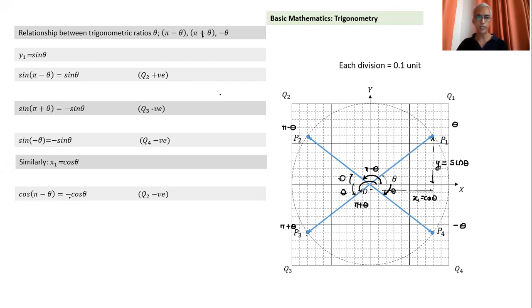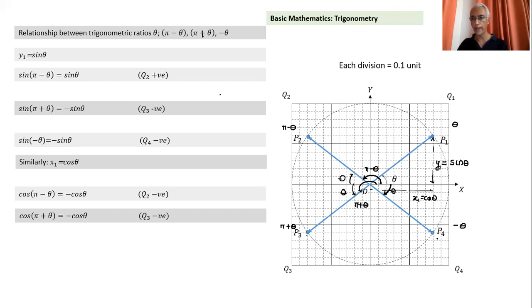So cos of pi minus theta is equal to minus cos theta, a negative value. Same thing for P3 also. For P3, cos of the corresponding angle, cos of pi plus theta, is equal to minus cos theta. And in the fourth quadrant, the x coordinate of P4 is the same as the x coordinate of P1, which is equal to x1.